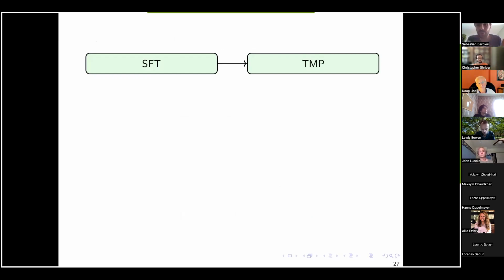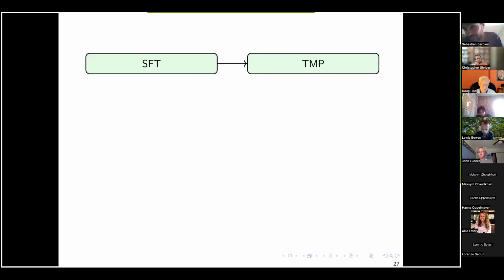Actually, you could think of subshifts of finite type as systems that have shadowing, and TMP is just a very, very, very weak form of shadowing. It just says that if I have two orbits which coincide in a very particular region, then I can paste part of one with part of the other. So SFTs are much, much stronger than that.